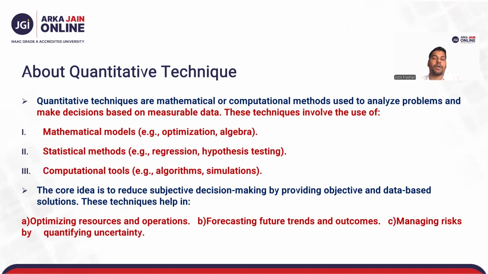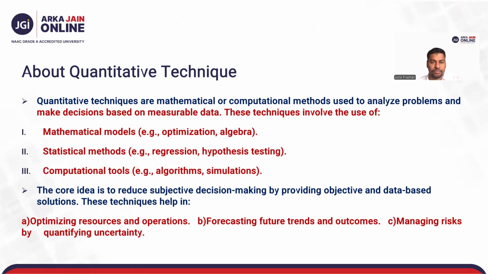Now, statistical models: one is mathematical, the second one is statistical. Examples can be hypothesis testing. Regression is all about the independent and dependent variables.